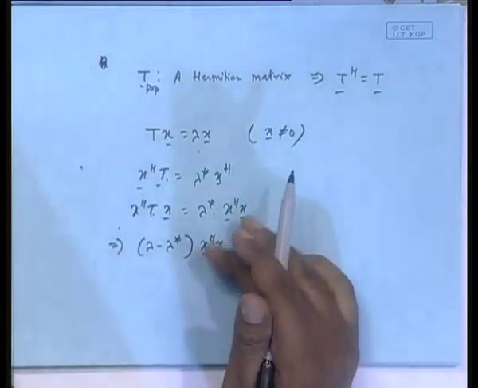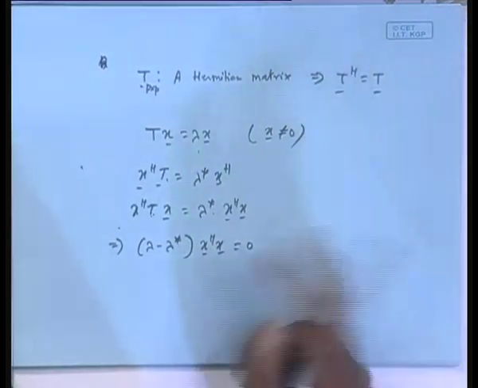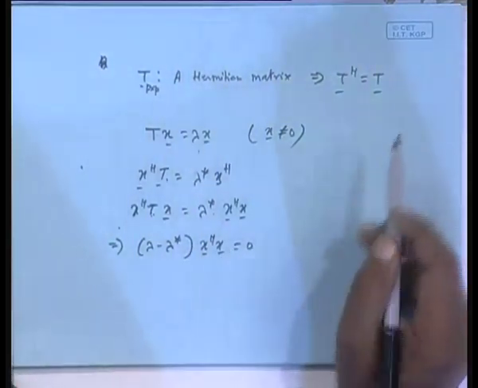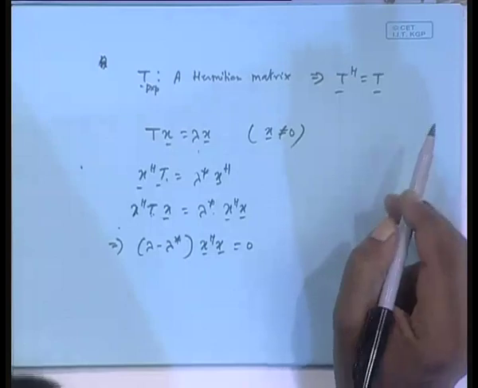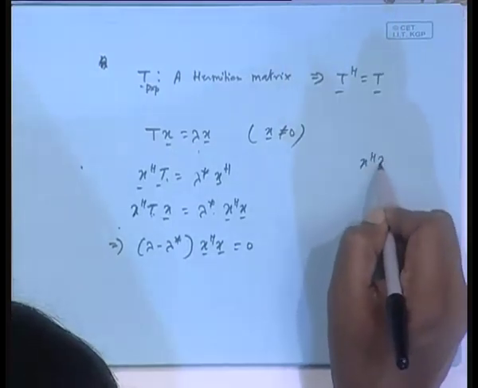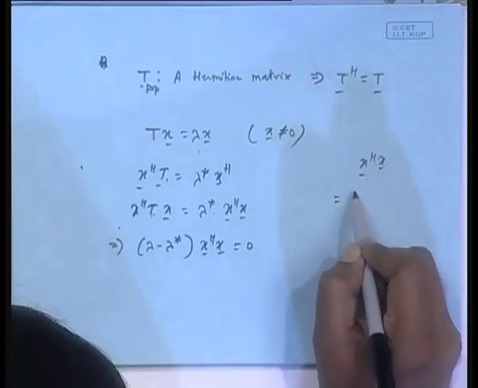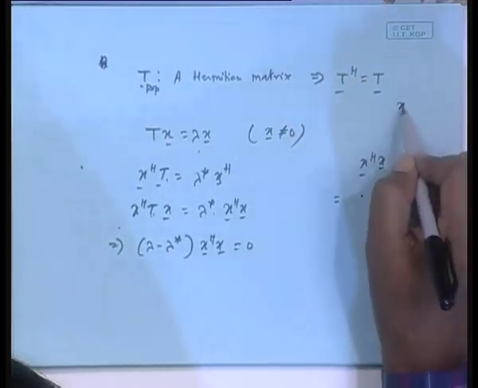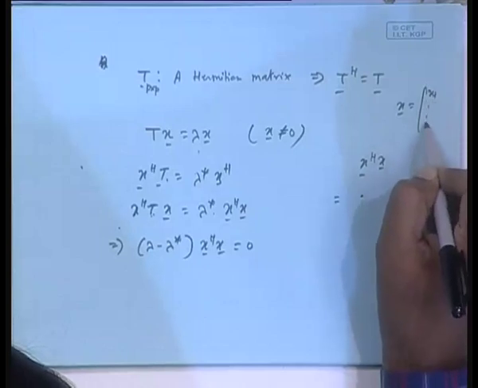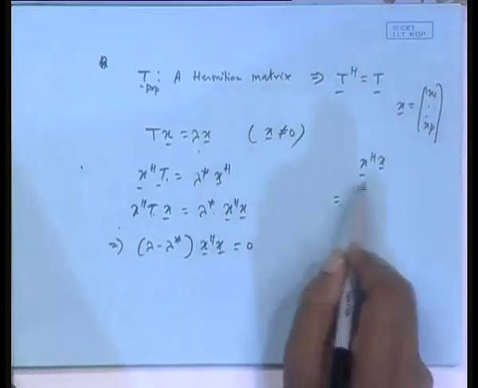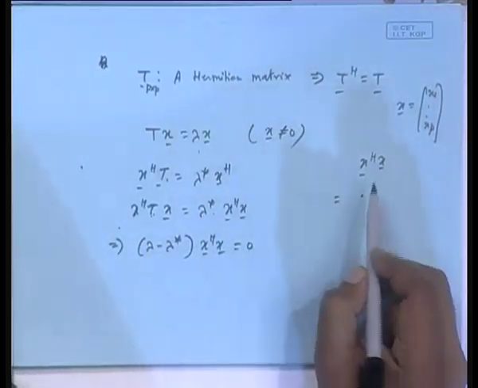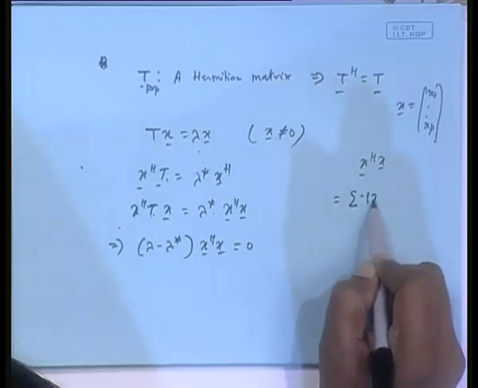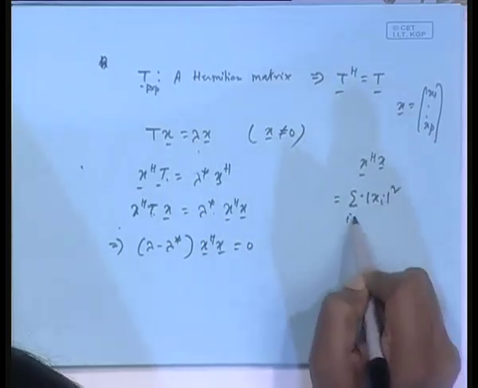Isn't it? I am not showing you intermediate steps, they are very simple steps. Now x is a non-zero vector. What is x Hermitian x? If x is x1 dot dot dot xp, what is x Hermitian x? Summation of mod xi square, i from 1 to p.